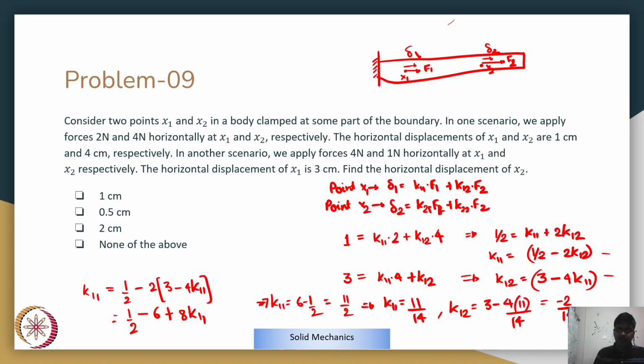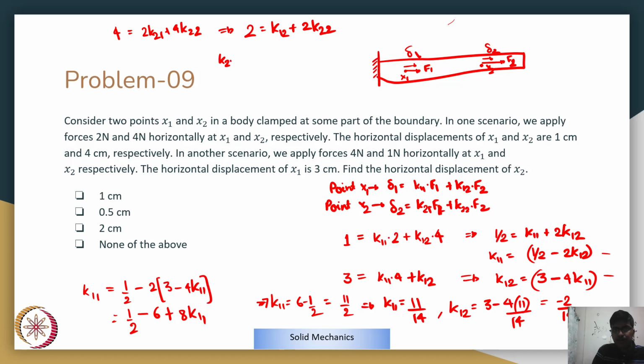If we look at point number 2, in the first case, displacement is 4. So 4 is equal to 2k21 plus 4k22. But from the reciprocal relation, we know that k21 is nothing but k12. Therefore, if I simplify this, I would write 2 is equal to k12 plus 2k22.